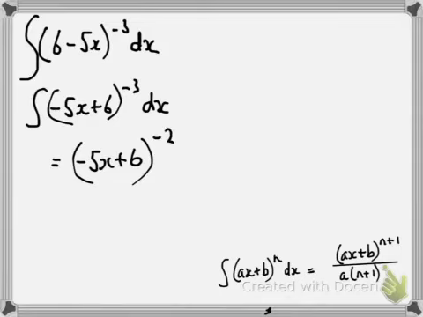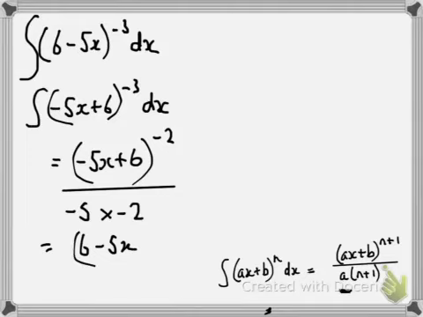Remember, raising negative 3 by 1 is negative 2, over the coefficient of x, which is negative 5, that's our a value, multiplied by the new index, which is negative 2. So I might just change the brackets back now to 6 minus 5x. So (6 minus 5x) to the power of negative 2 over negative 10.